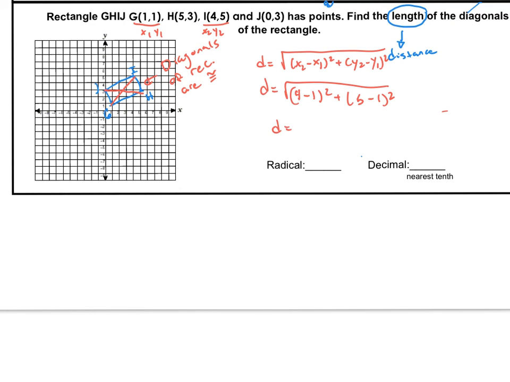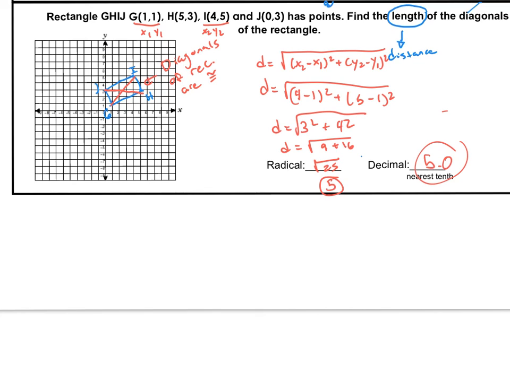The distance is now equal to 4 minus 1 is 3 squared plus 5 minus 1 is 4 squared. The distance is equal to, don't forget the square root of 9 plus 16. And so that is the square root of 25, which actually just goes down to 5. So that's a nice clean number, okay? Now, decimal to the nearest tenth, well, we don't need it because we already have this, so it's just 5.